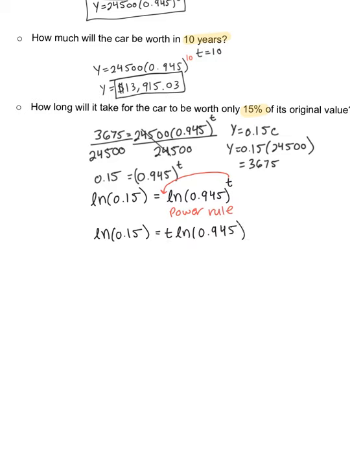Now that I don't have exponents and everything's on the same level, if I want to get the letter t by itself, I'm just going to divide by the natural log of 0.945 on both sides, because it's going to get t by itself, as these are going to cancel. So that means t is the natural log of 0.15 divided by the natural log of 0.945. If you put that in your calculator, you're going to get 33.536. And since it's asking how long, our units are in years.